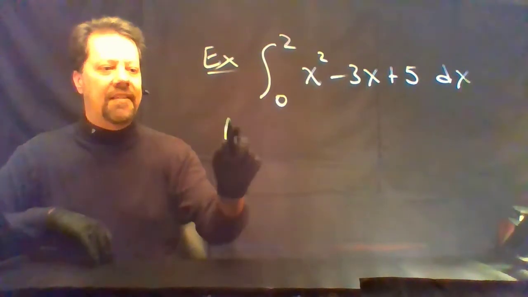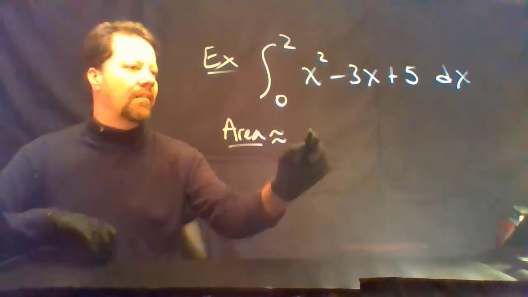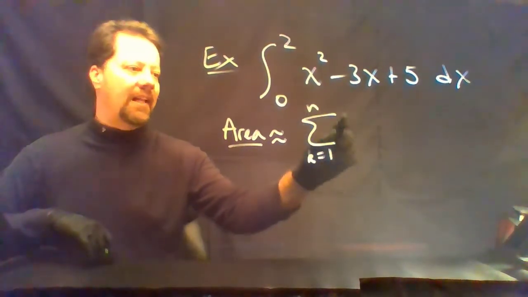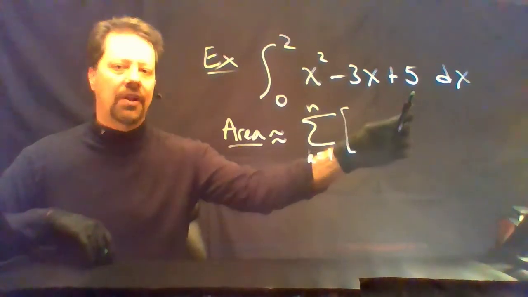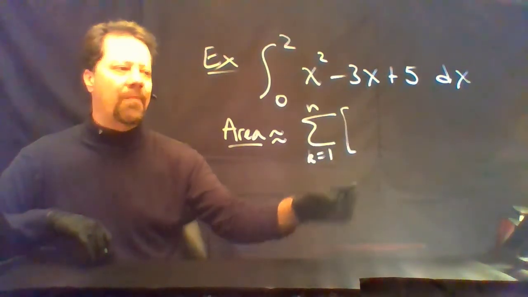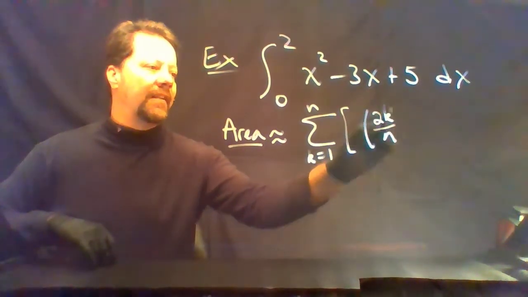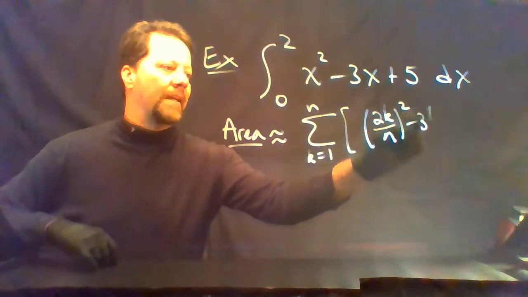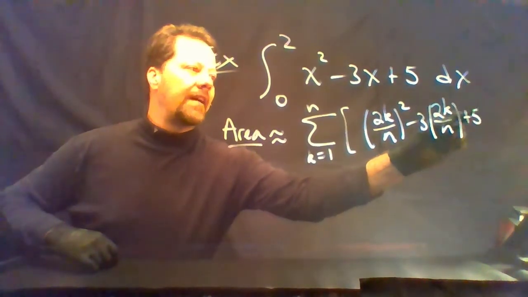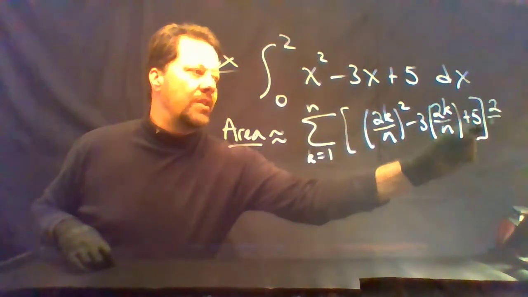The area then is approximately the sum as k goes from 1 to n, our function evaluated at the sampling points xk, that's going to be 2k over n squared minus 3 times 2k over n plus 5, all times delta x, which is 2 over n.